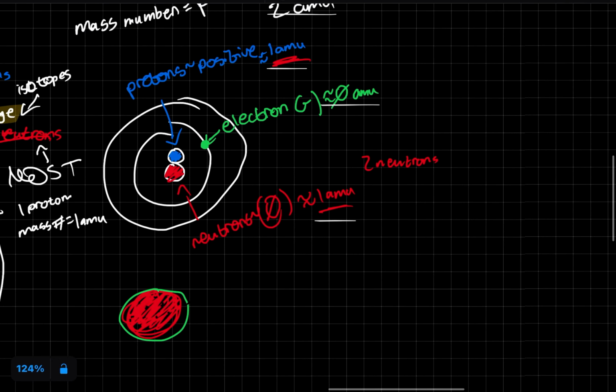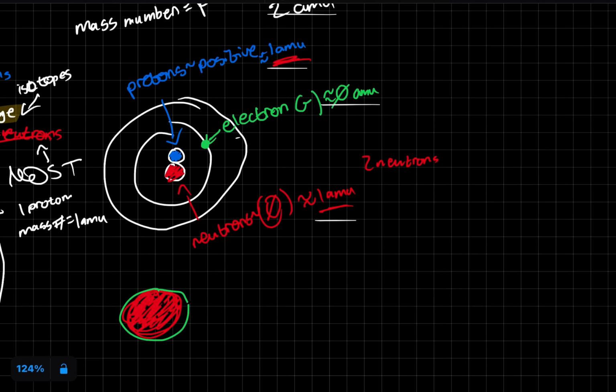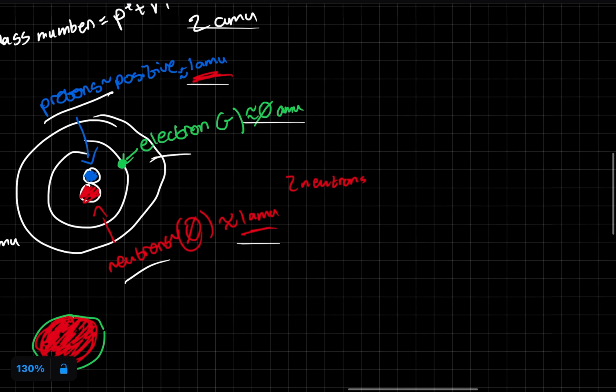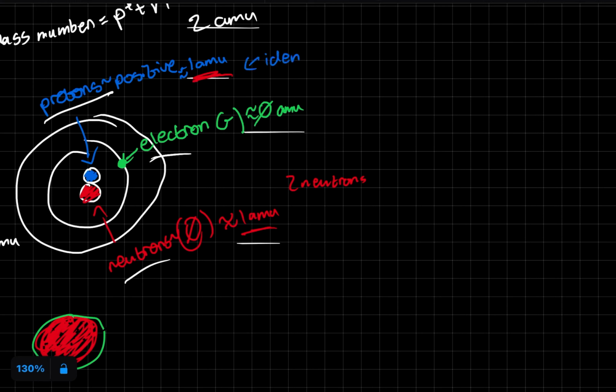Alright. So now we know what protons, electrons, and neutrons all are. What role do they play in the element? Well, protons are what helps you identify the element. Please remember that. This is a very common test question. Protons are what identify the element.